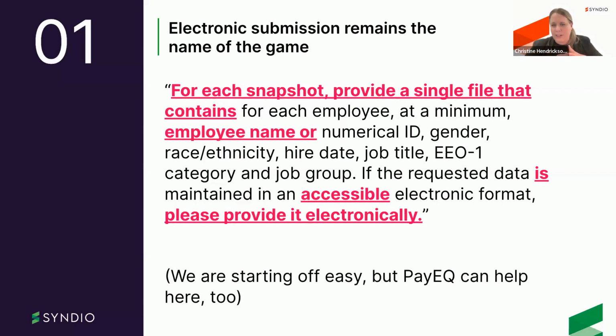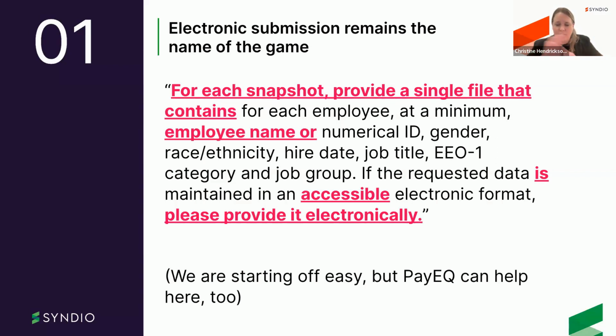And what you'll see here is that we're starting off with an easy change: OFCCP is asking that if the information is accessible, you provide it electronically. It's actually a little bit of a softening of what was previously in there, but the OFCCP is very clear that they want employers to begin to provide this information electronically so that they can do the statistical analysis themselves.